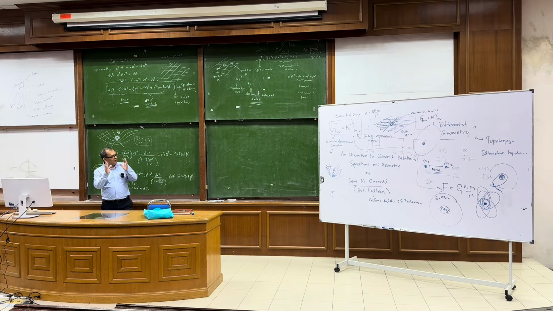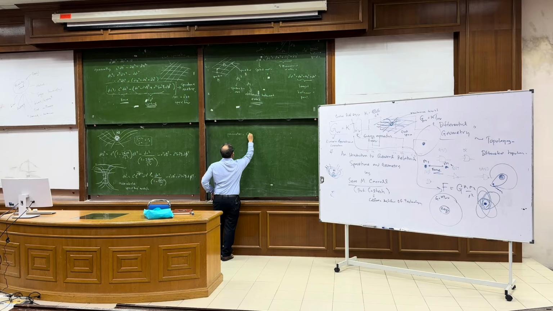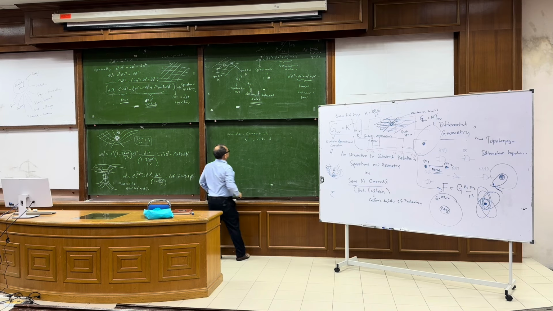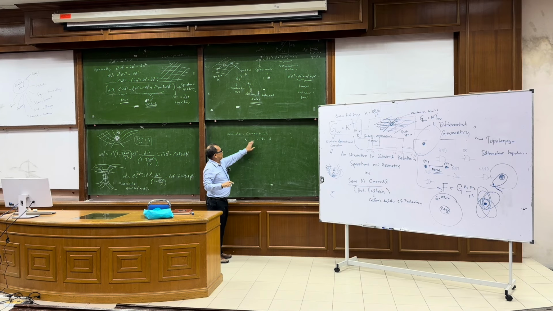So the parameters here are space and time: r, theta, and phi for space. In tensor notation, we don't care about this.